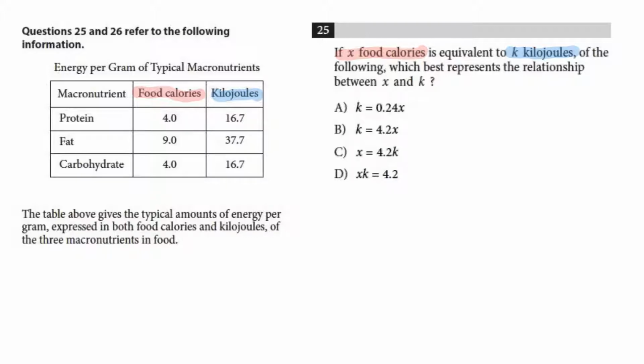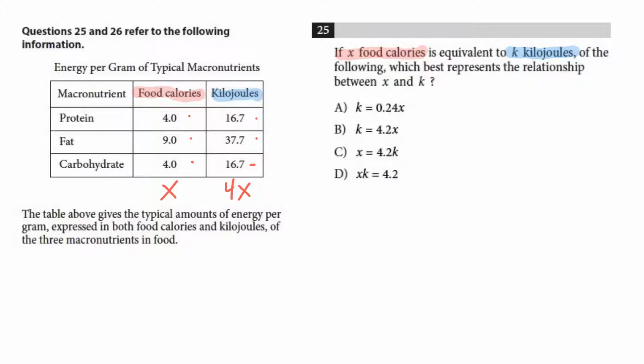If I look at this, I'm seeing 4, 16, 9, 4, 16, 9, 37, 4, 16. It sure looks like I'm taking the food calories, right? So food calories is X, then kilojoules would be 4 times X, approximately. Okay. And if we wanted to get a little bit more precise, well, we could just divide here.